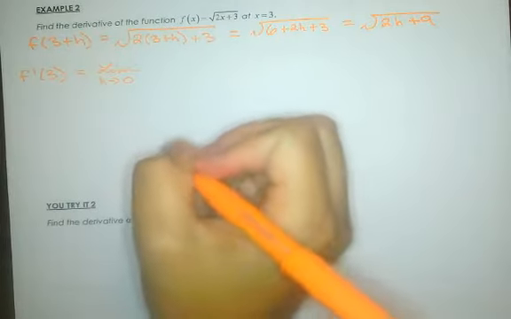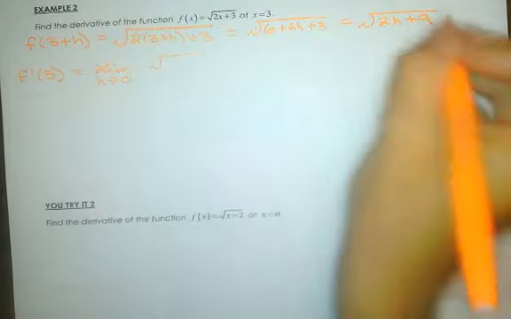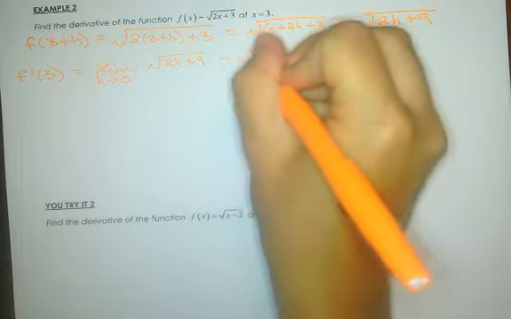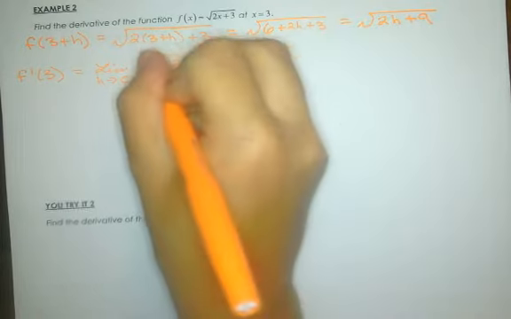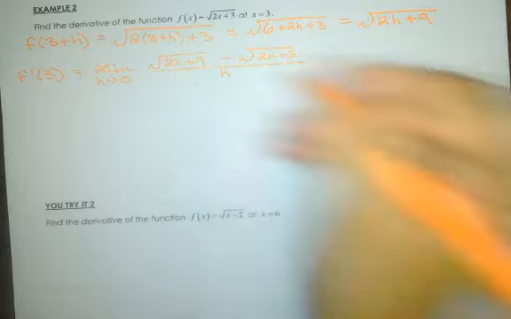So we're just plugging into that formula from the first page. So it's going to be the square root of this thing that I just found, so that's 2h plus 9, minus the original, all over h.